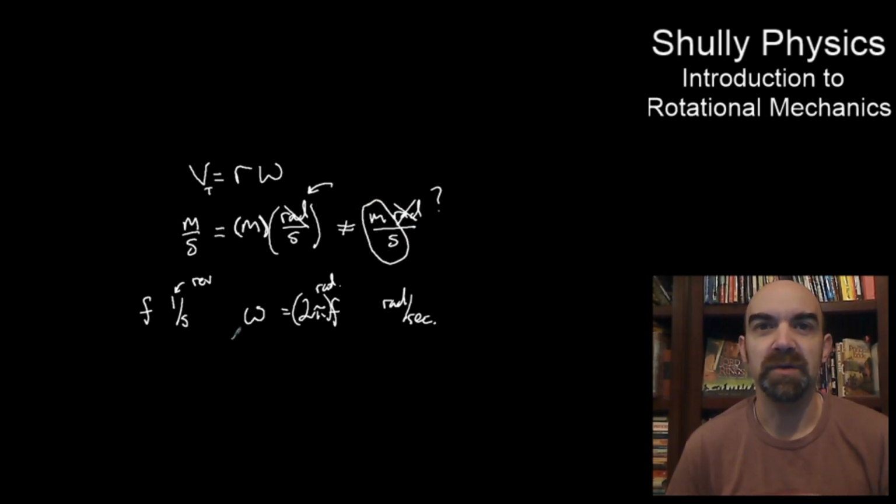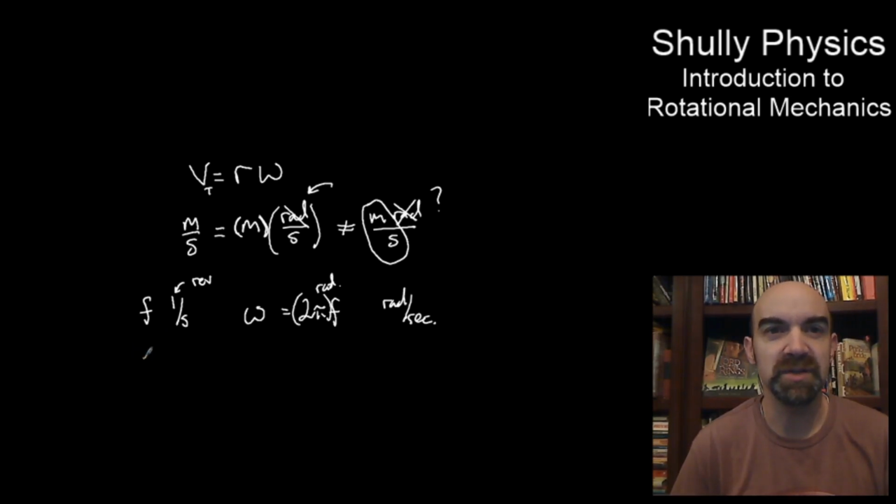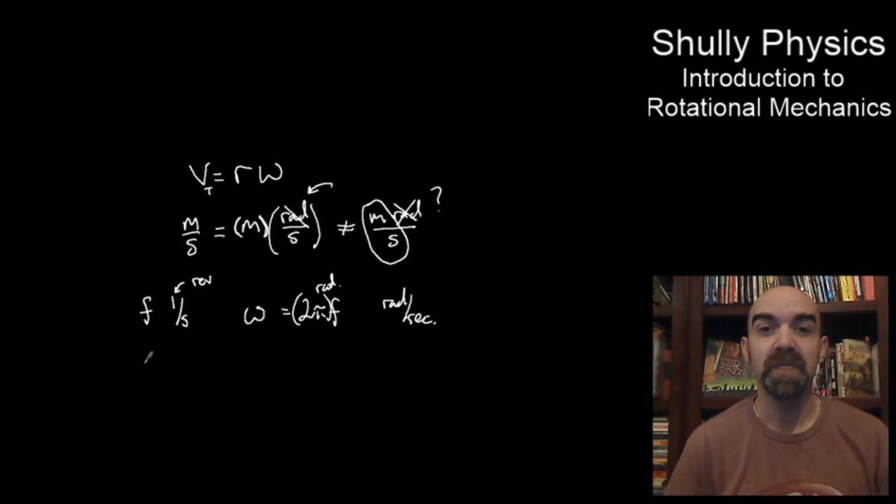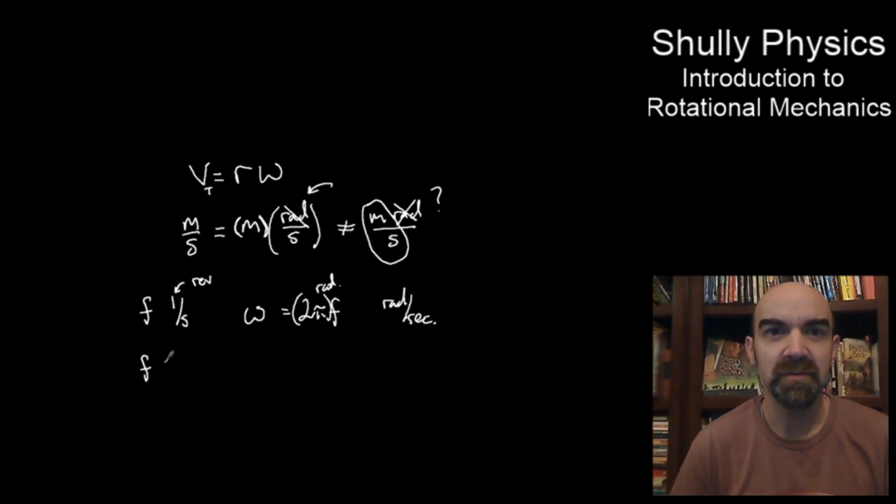And so the final thing I've done here is I have talked about some quantities of rotation. So just to finish those up, there is a relationship between 3 quantities that involve time, and that is frequency. Frequency is the inverse of period. Got frequency over here, got period over here.